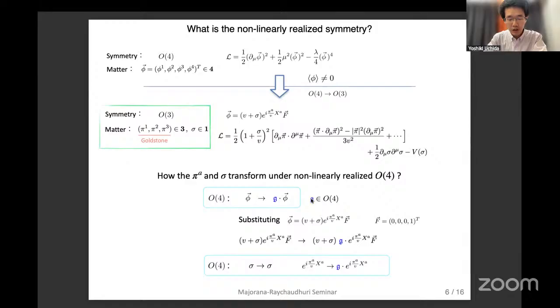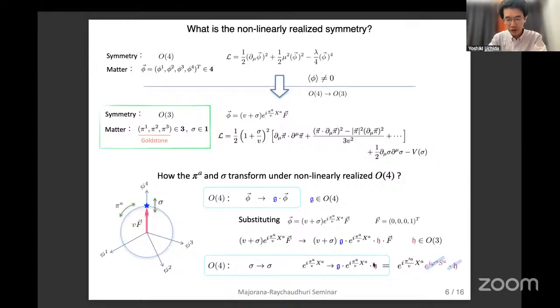So the transformation matrix G just passes through the sigma because sigma is a singlet field. But actually, we can also insert an arbitrary O3 matrix here because this F vector is directed to the vev direction. And because the vev is invariant under the O3 transformation, we can insert this O3 transformation matrix.